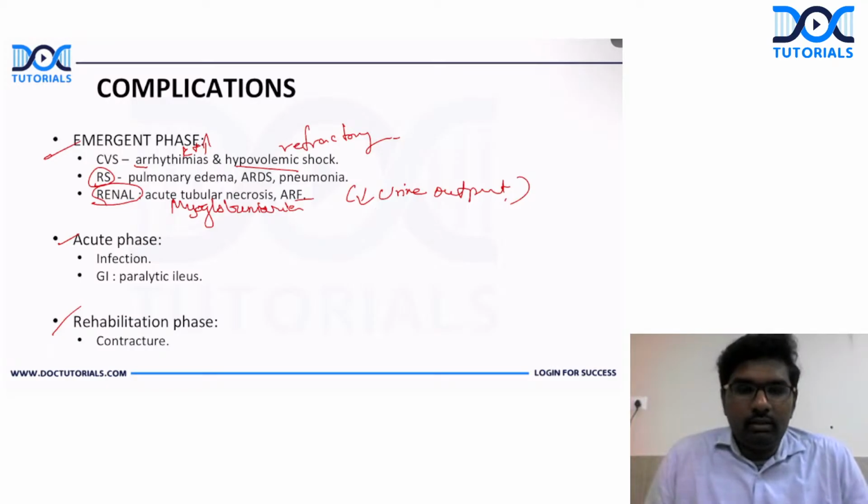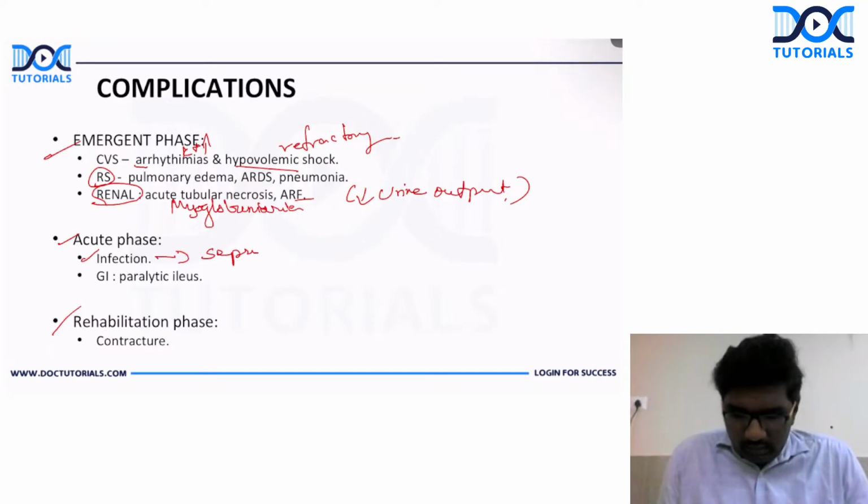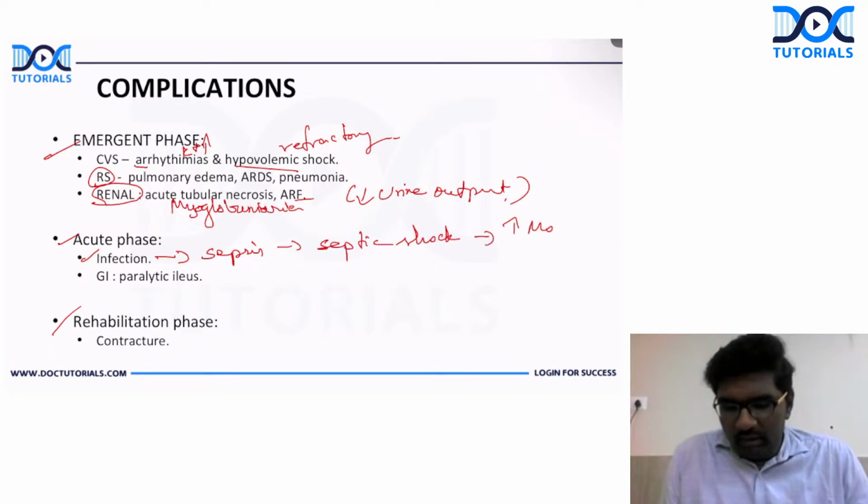In the acute phase, the patient can get infection. This infection can progress to sepsis if appropriate antibiotic treatment is not started at the earliest time possible. The patient can develop sepsis and septic shock that can be irreversible and can even increase mortality. In the gastrointestinal system, the patient can develop paralytic ileus.